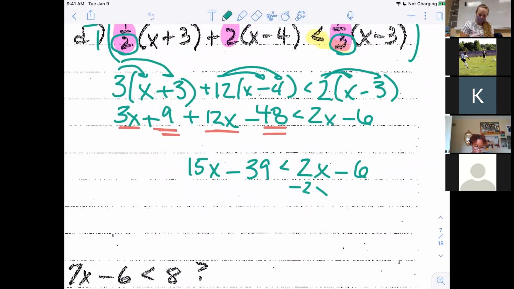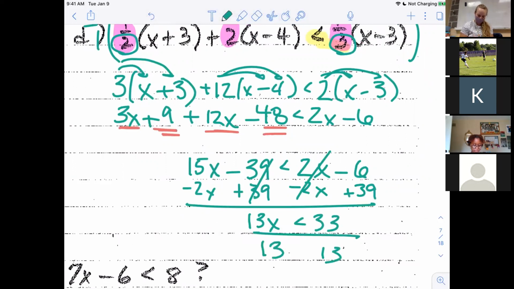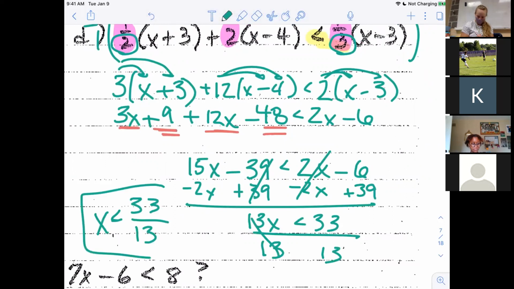Now I'm going to get my variables on one side, moving the 2x, and then my constants on the other side, moving my 39. So that gives me 13x less than 33. Divide. I don't think that can be simplified anymore. 33 over 13.